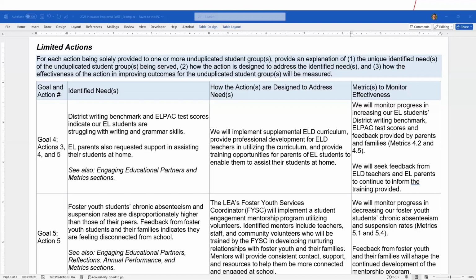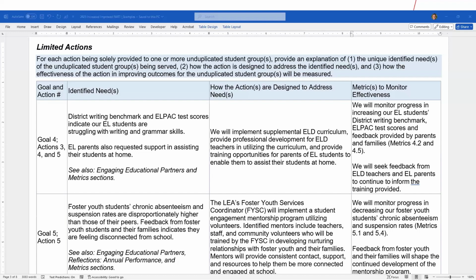You can't just say, we did this, it's great, without any evidence, isn't really the right word, but without any way of demonstrating that the actions you're doing are actually benefiting the students that they're intended to benefit. Without having a metric to measure that, it's very difficult to demonstrate that you're increasing or improving services.